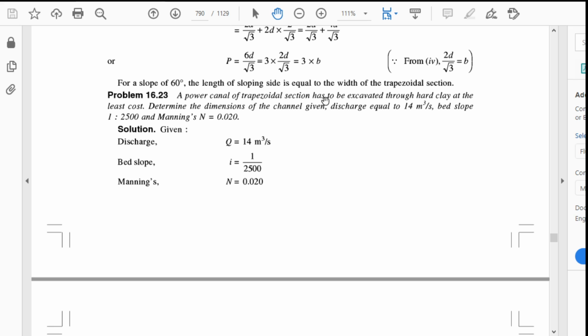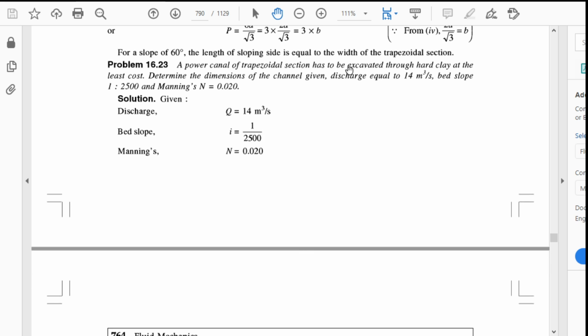0.020. Here in this example they have given that the channel is to be excavated in hard clay at least cost. At least cost means this channel is the most economical one. Now we have to determine the dimensions of this channel.